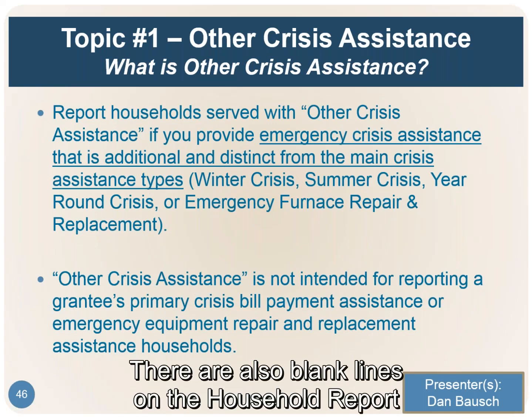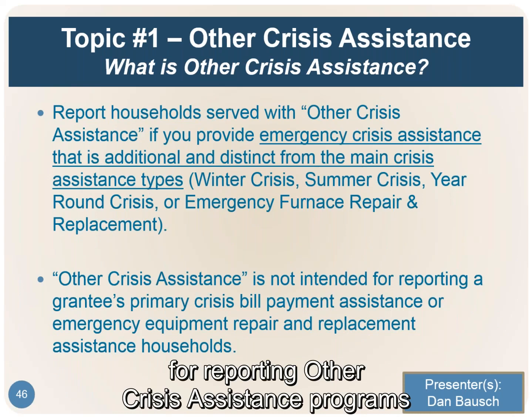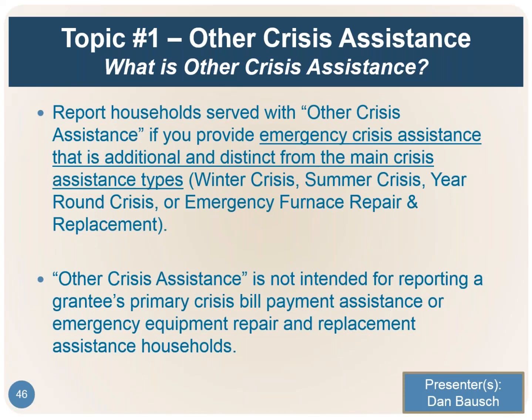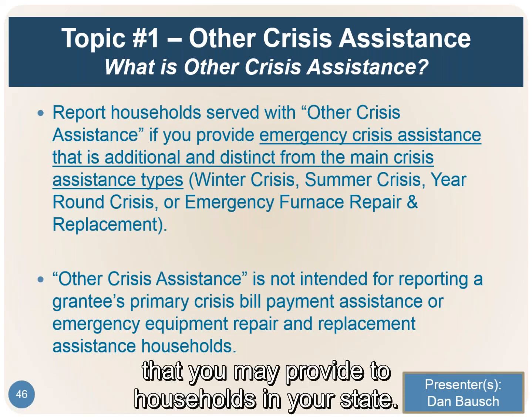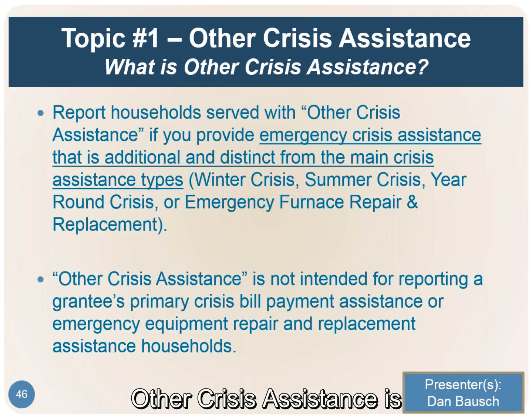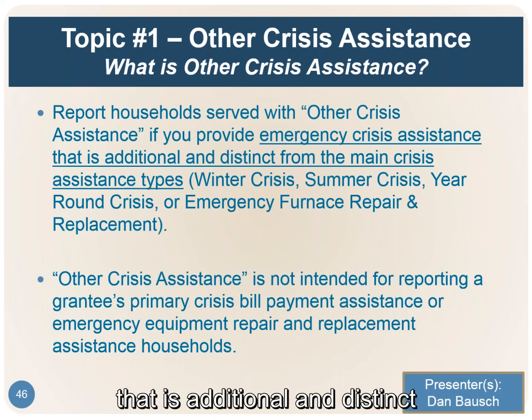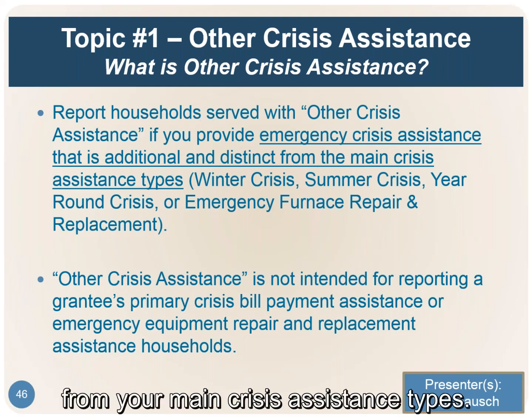There are also blank lines on the household report for reporting other crisis assistance programs that you may provide to households in your state. Other crisis assistance is if you provide emergency crisis assistance that is additional and distinct from your main crisis assistance types.